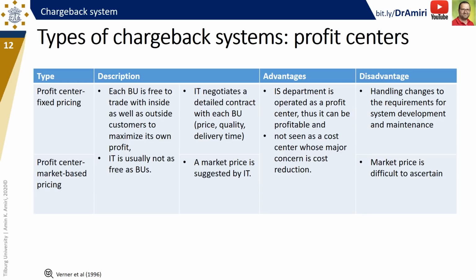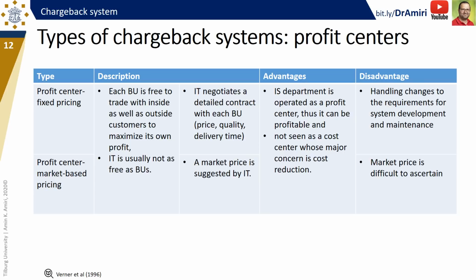And in the case of market-based pricing, what is difficult is sometimes that a business unit or an IT department cannot give a market price because there is no market. You can get, for example, course registration only from IT Osiris at the IT department of Tilburg University.